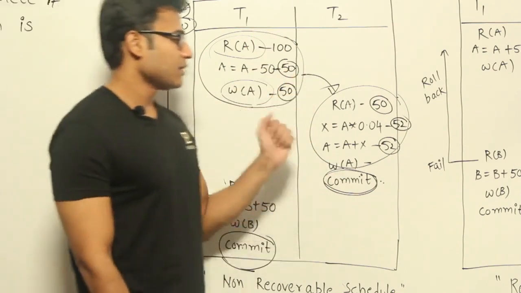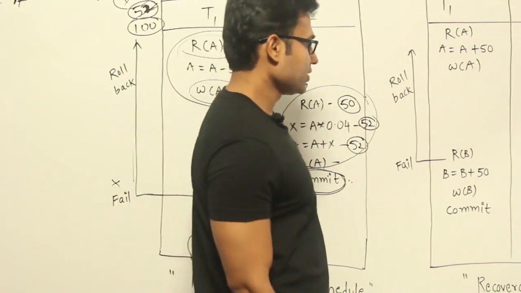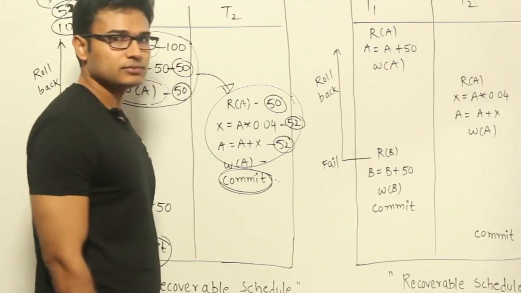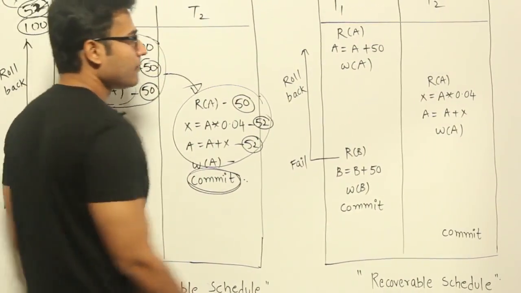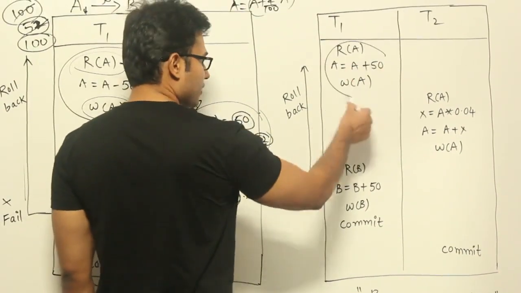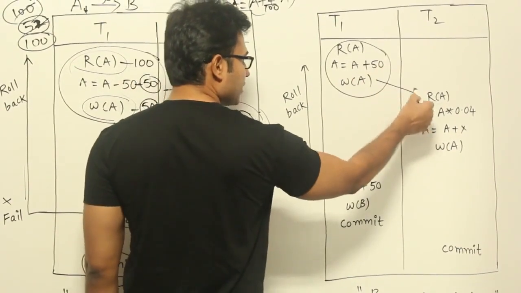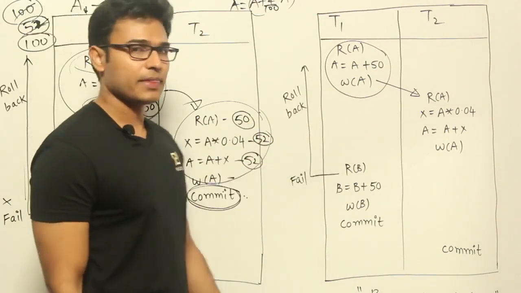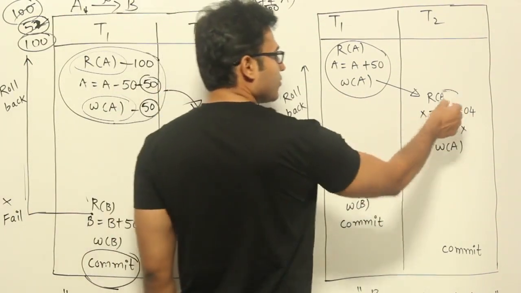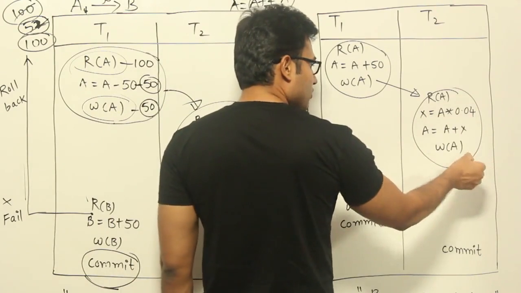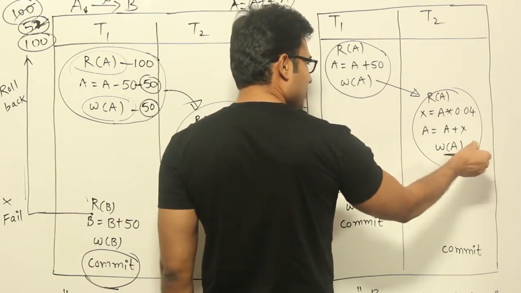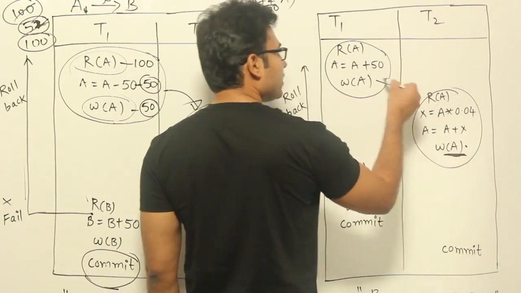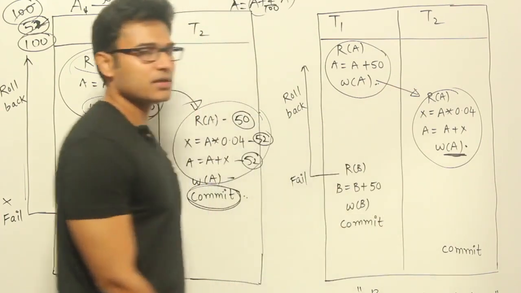Now look at this. To solve this problem: this person has written a value and this person is reading that value from him. Now when he writes, this answer is going to be right, provided that these changes are going to be there in the database.